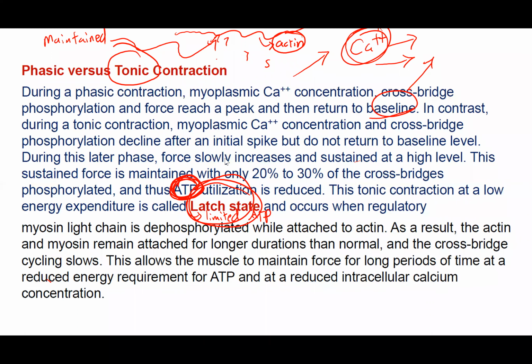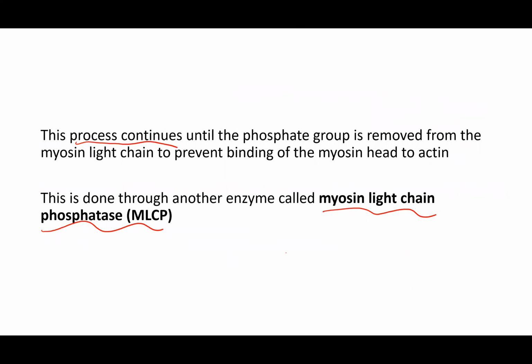Can you repeat it one last time? Yeah, sure. Smooth muscle specifically needs to stay contracting for a very long period of time. There are specific areas in the body that need to stay contracted.